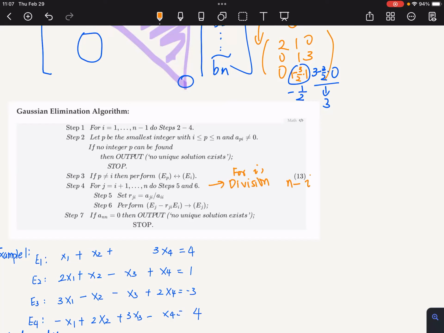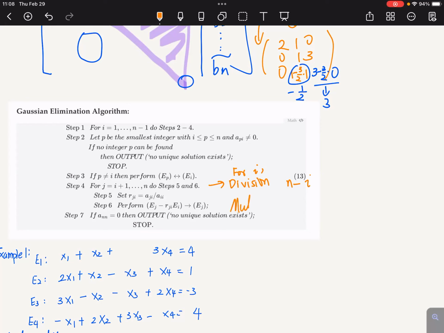If we perform step 6, there is a subtraction and there are multiplications. This is the R_j minus the ratio times the row i, and we need to perform n minus i row updates here, right?